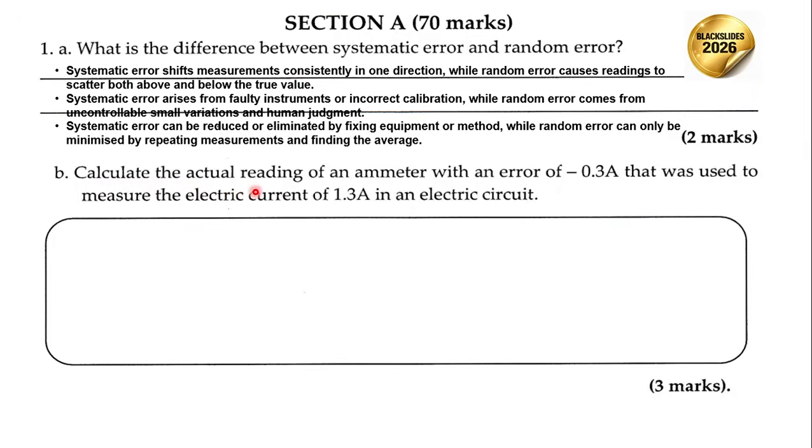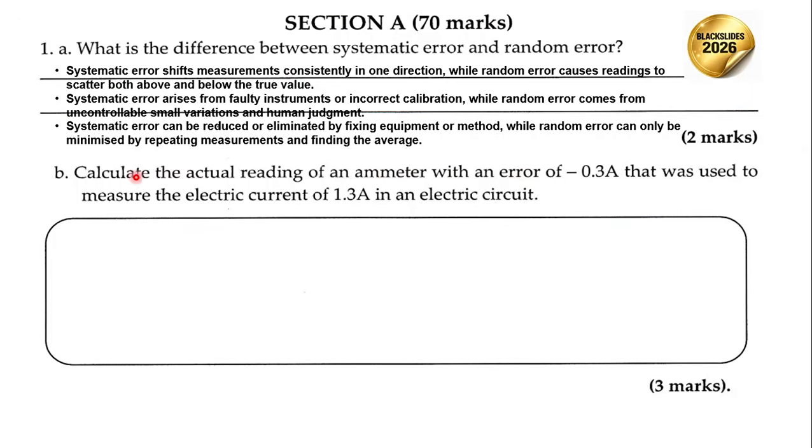Calculate the actual reading of an ammeter with an error of minus 0.3 ampere that was used to measure the electric current of 1.3 ampere in an electric circuit. This is called a zero error.